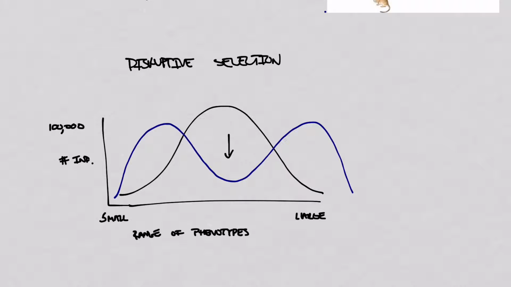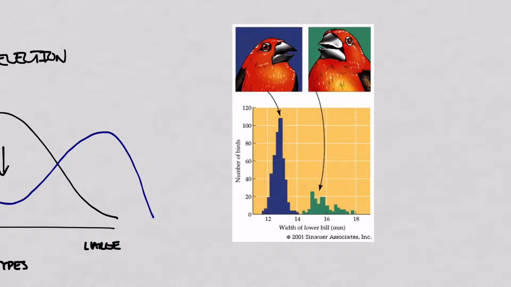Okay, so I'll give you an example of disruptive selection. Here are some finch populations. If we can imagine these birds were all of the same species originally, you can see here how over time we see the width of the lower bill changing among the birds. And this might be because having a really small lower width bill is better for taking out seeds from a small pine tree. I don't know, I just made that up.